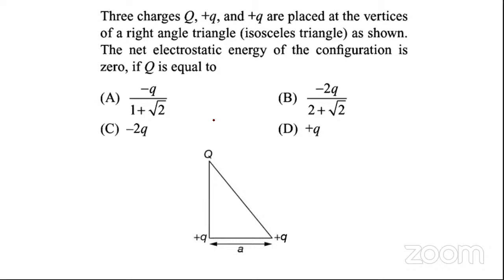And we have to find the value of capital Q such that the net electrostatic energy of the configuration comes out to be zero. The electrostatic energy means potential energy. So we basically have to calculate the potential energies of the complete system and equate it to zero.